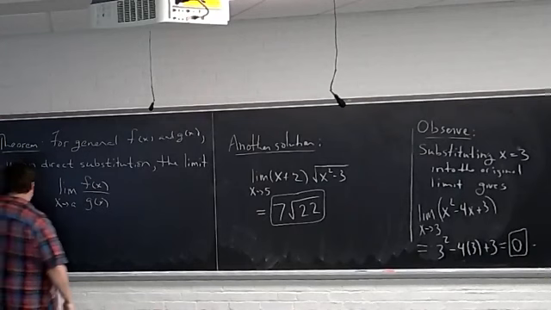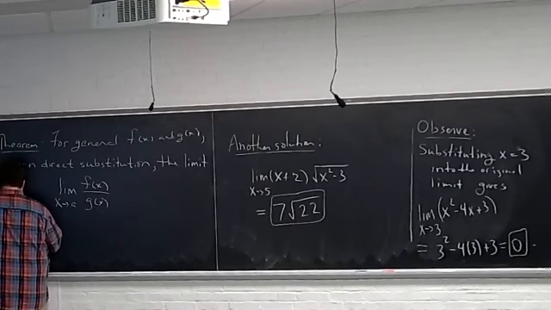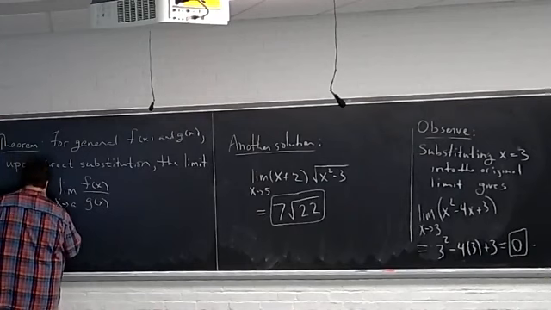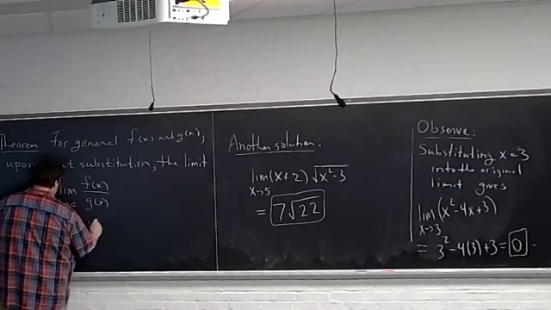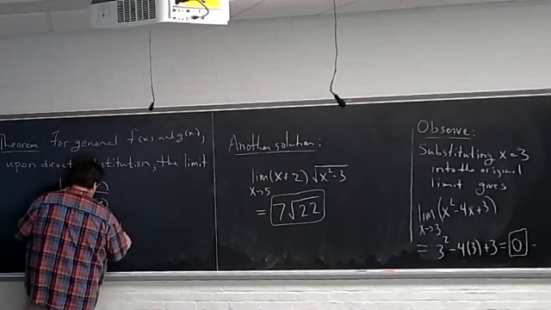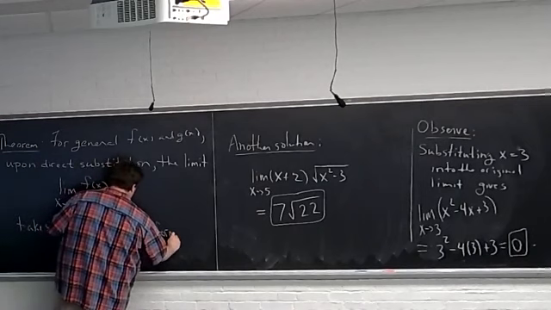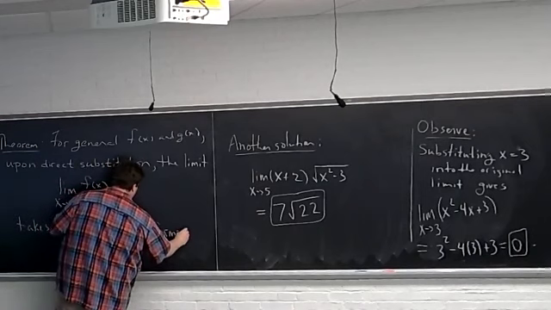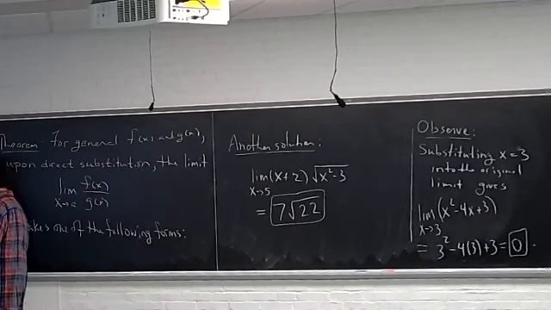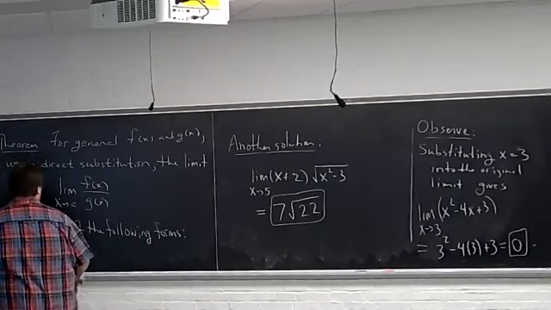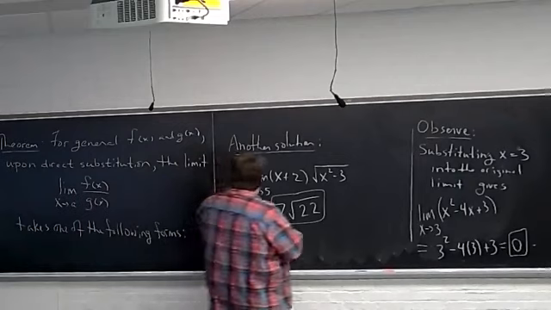The limit of that quotient takes one of the following forms. And this is going to be a list of 4 things after this.